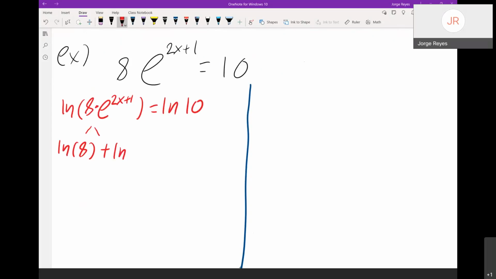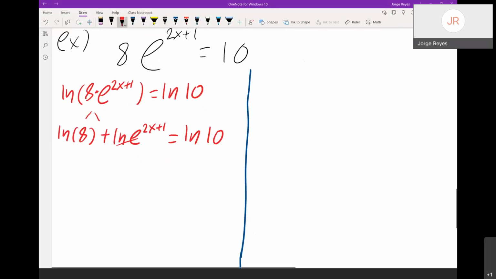and get this, right? And then I get the nice canceling. So I get natural log 8 plus 2x plus 1 equals natural log 10. And then now I can solve, right?